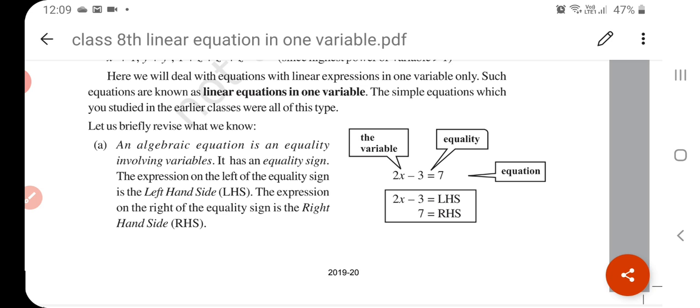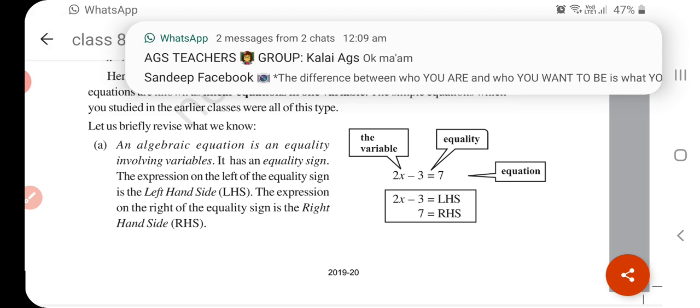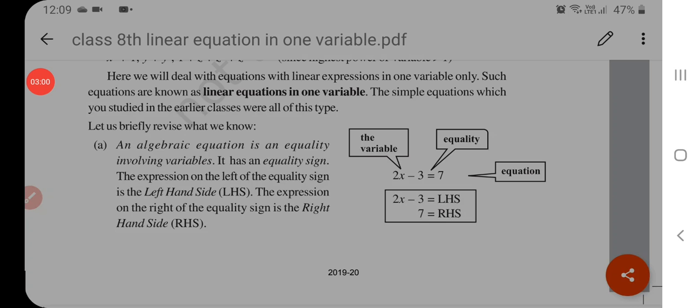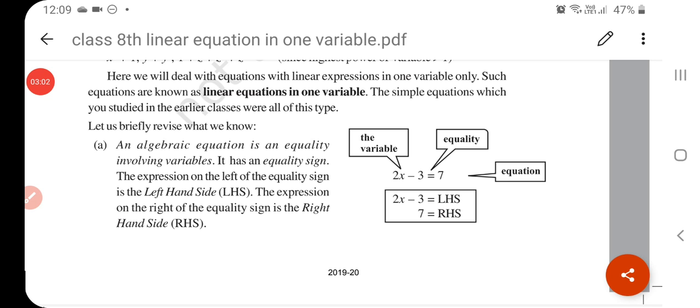And one more thing, see here, here is a variable. What do you mean by variable? The letter used to represent a number is called a variable.